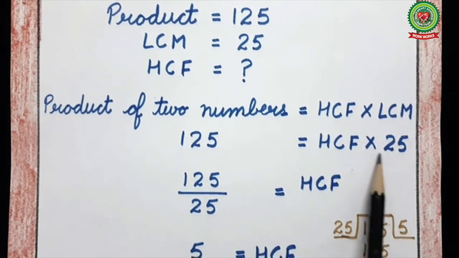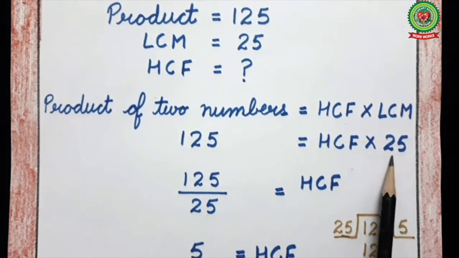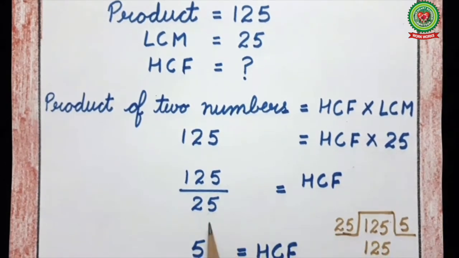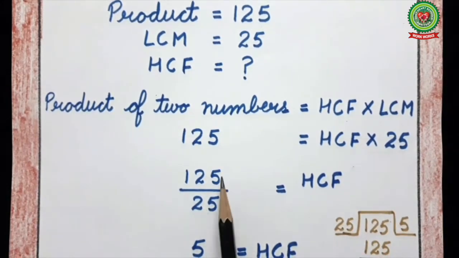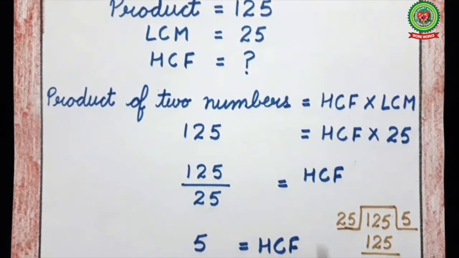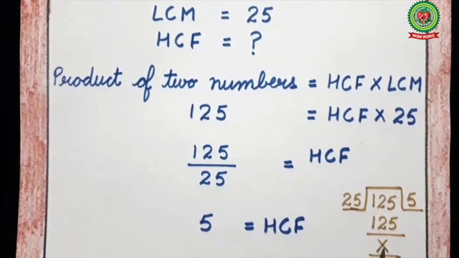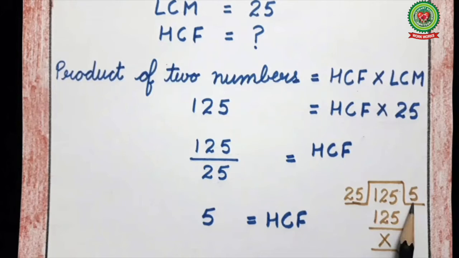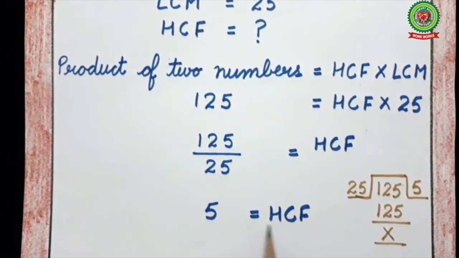Here 25 is getting multiplied, so on shifting 25 it will change to divide. 125 divided by 25. You can also do cutting here, or you can divide 125 by 25 as done on the right hand side. You got the answer 5. So 5 is equal to HCF. HCF is equal to 5 is the required answer.